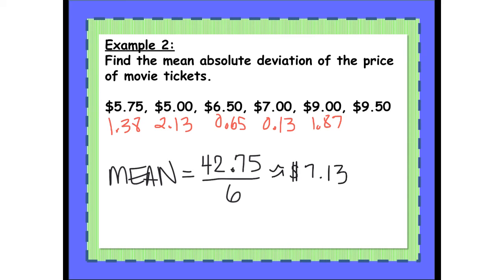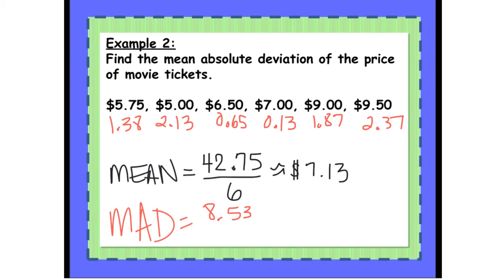And then $9.50 is $2.37 more than $7.13. So in order to find my MAD, I now have to add up those numbers.